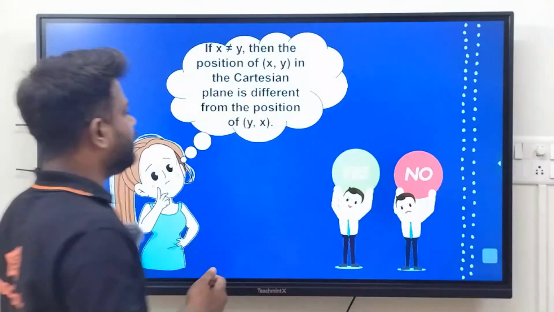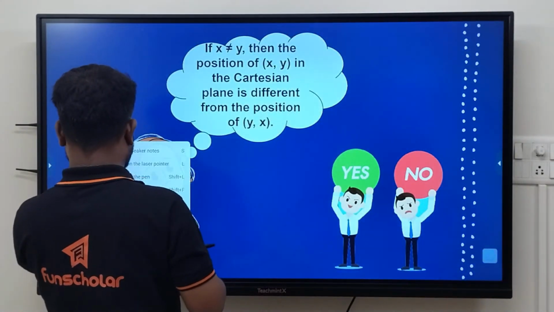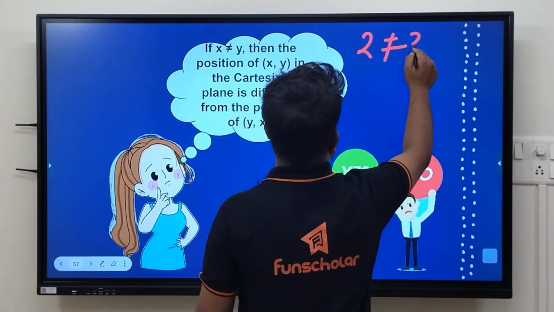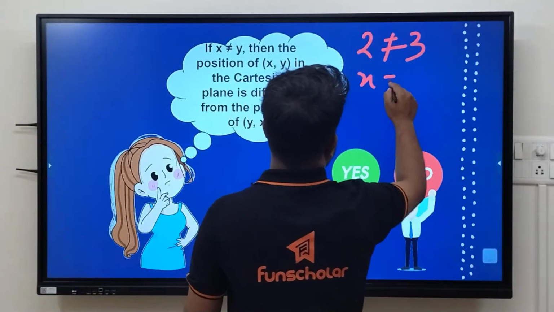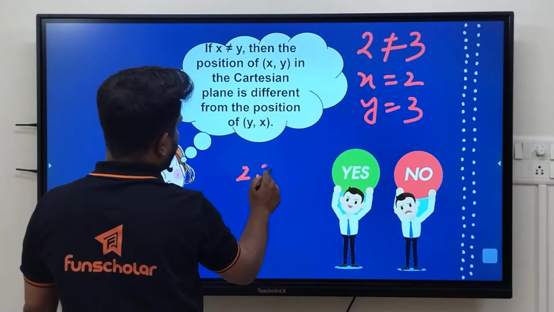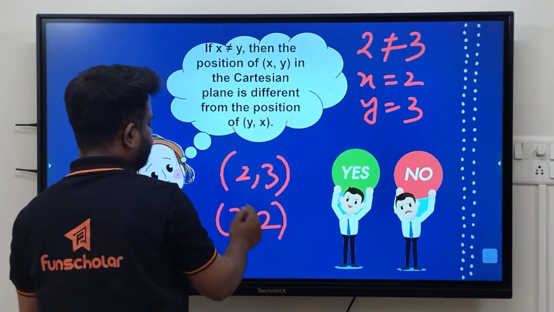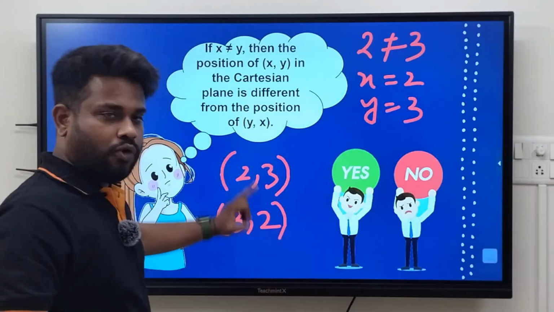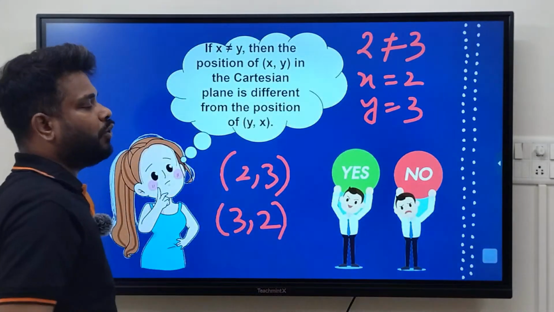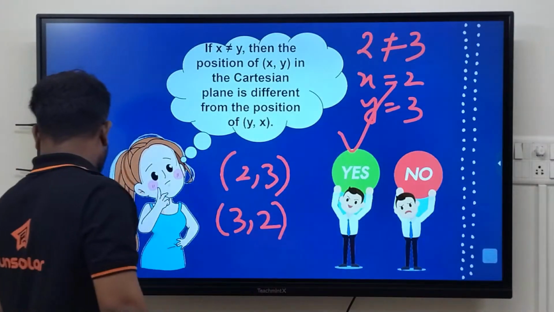Yes, obviously it will be yes, because if x is not equal to y, suppose x is 2 and y is 3. Then (x, y) will be (2, 3) and (y, x) will be (3, 2), and these two points will not be the same. So this one will be yes, right?